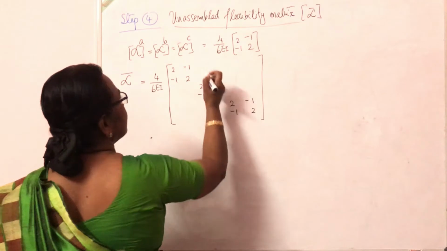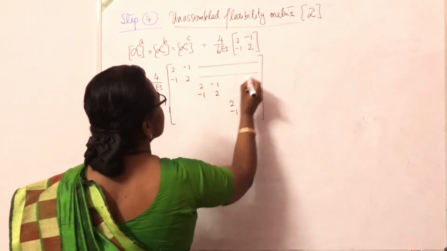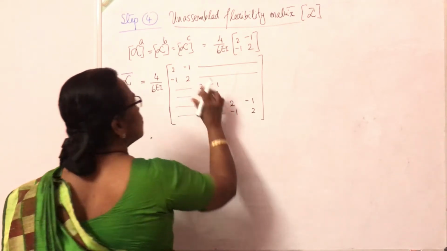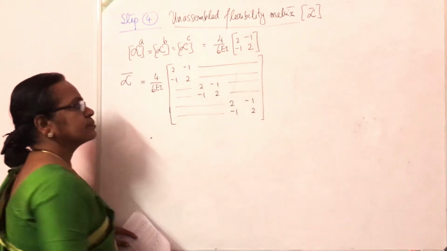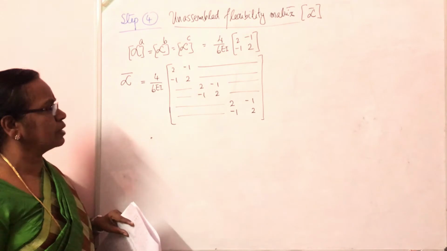Arrange it in a diagonal manner. The remaining elements are 0. So I am not going to write it. I am going to put a dash. All the other elements are 0. Instead of writing 0, I have not written any elements there.